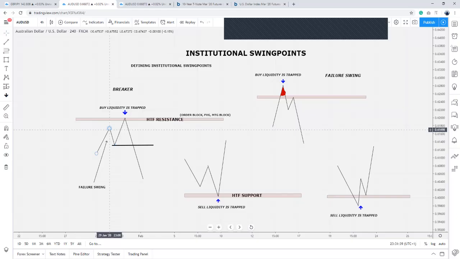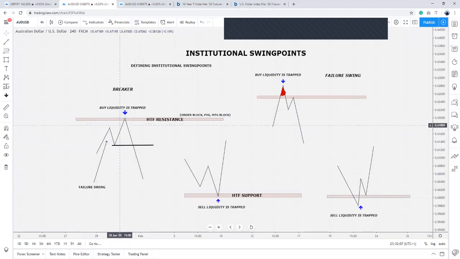Once you start to see price fall short of this level, you know you've got a breaker in your hands, and you're in line with what the central bank floor traders are doing. You're pairing your sell orders with the buy stop losses of the neophyte traders who are actually selling this failure swing. But then what you're going to see is price will drive up via a mitigation block and break to the downside.